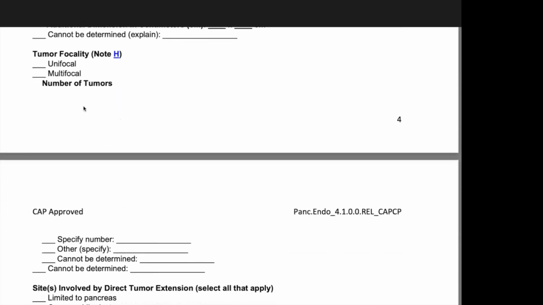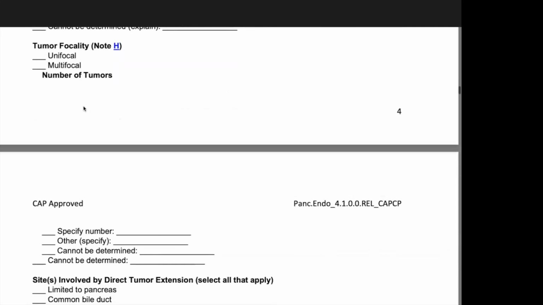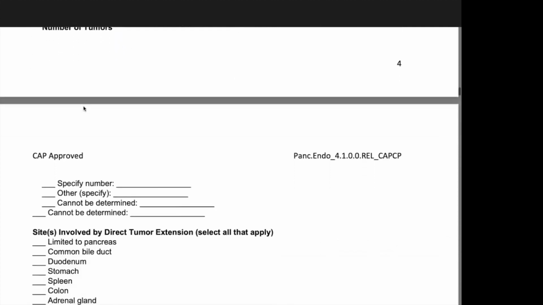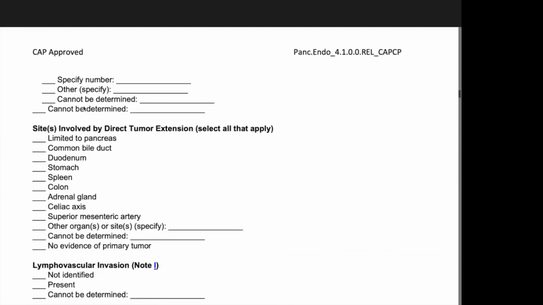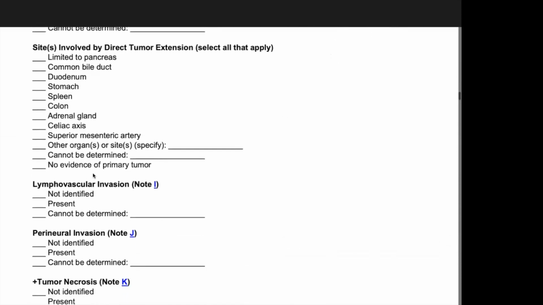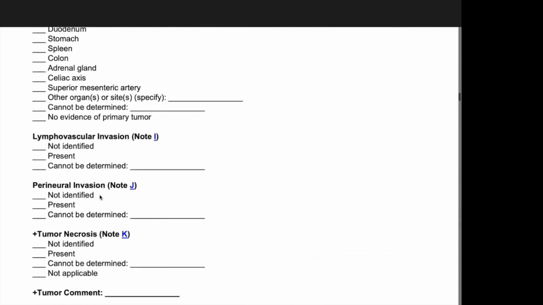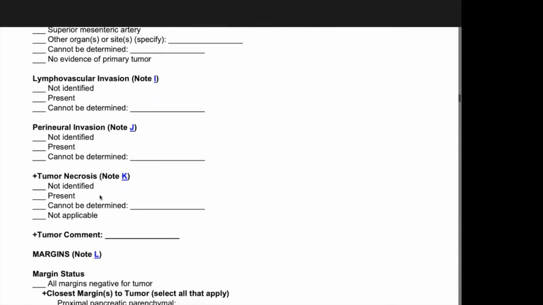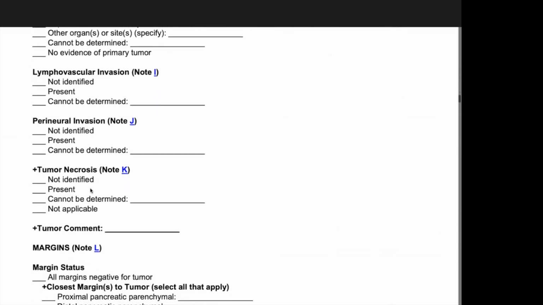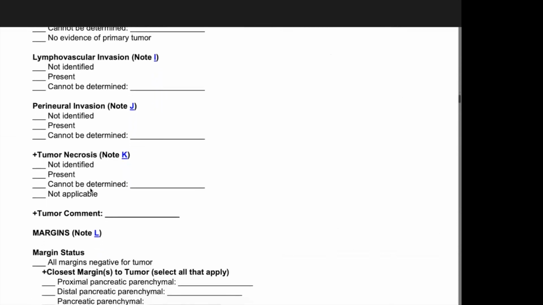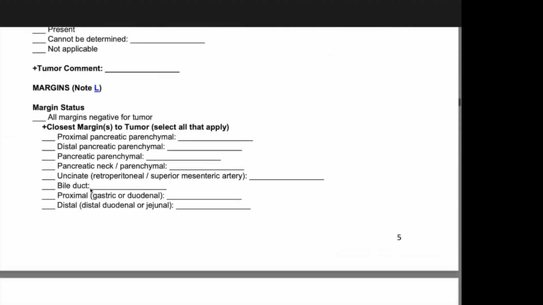So tumor focality means whether the tumor is unifocal or there are multiple tumors. The site that it's involved, presence or absence of lymphovascular invasion, perineural invasion, tumor necrosis, margin status we talked about.